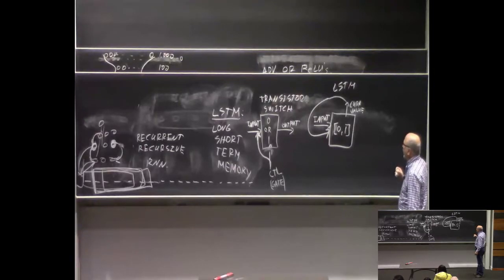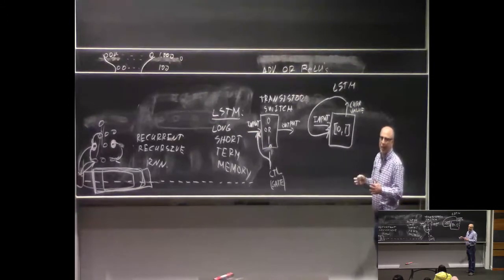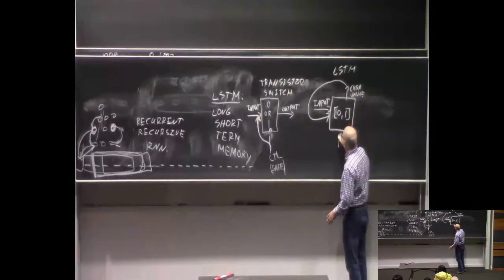In addition, you have a way of wiping out what's here. But instead of a one-shot wiping out to 0, you wipe it out gradually by multiplying it by some number smaller than 1 so that you're shrinking it. So this goes by the name of forgetting.